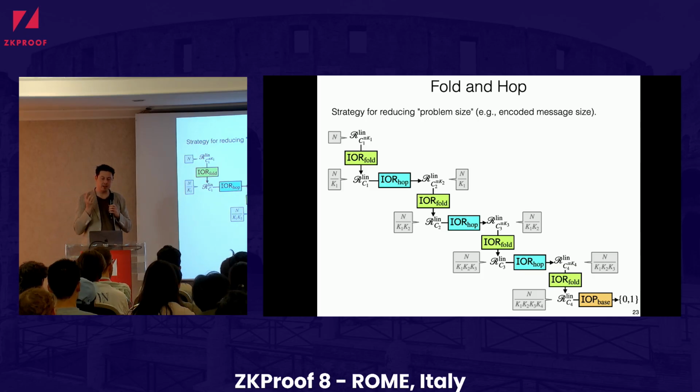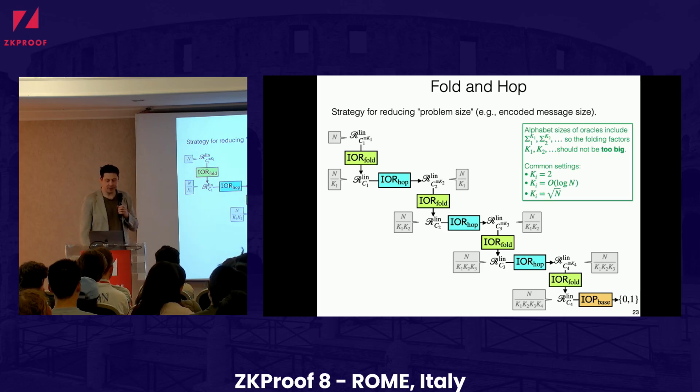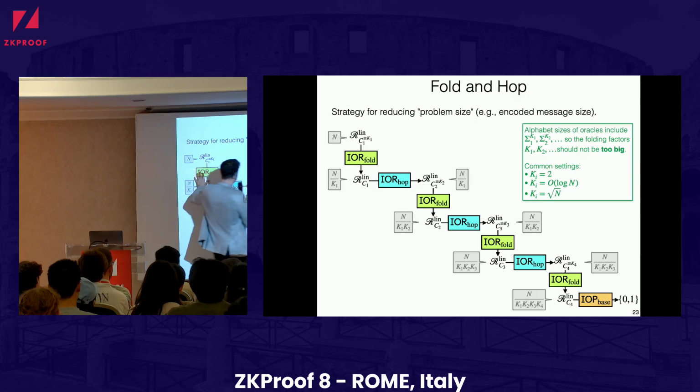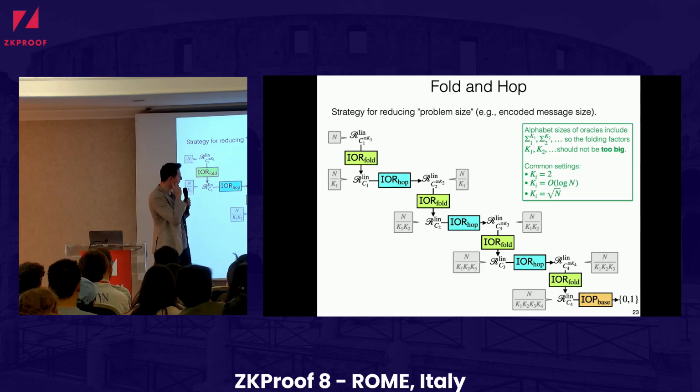Now you might ask, wait a second, why are we doing any hops? I could just pick my shrinking factor to be huge to begin with. There's a trade-off. The trade-off is that your alphabet size in these IORs is going to depend linearly on k1. So you have to read k1 alphabet symbols over here, you have to read k2 alphabet symbols over here. So you cannot afford blowing up these shrinking factors.